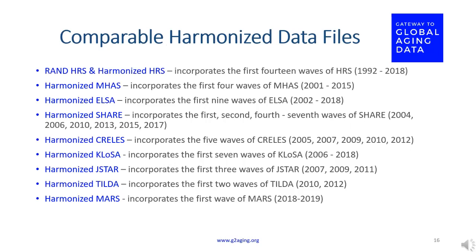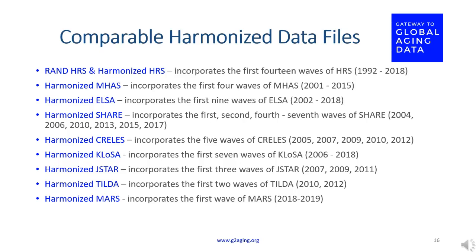These include the RAND HRS and the Harmonized HRS that covers the United States. Briefly, I'll mention that the Harmonized HRS is a supplement of the RAND HRS. So the RAND HRS is the main harmonized file, and some additional variables that help with cross-country comparability are included in the Harmonized HRS.